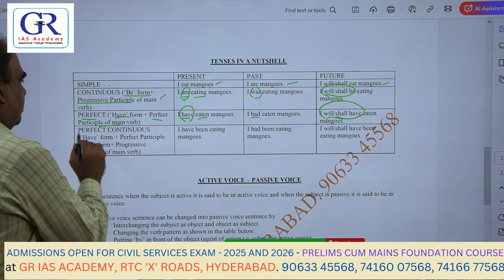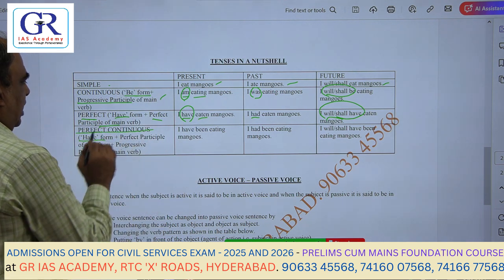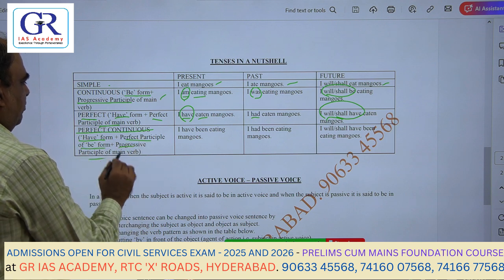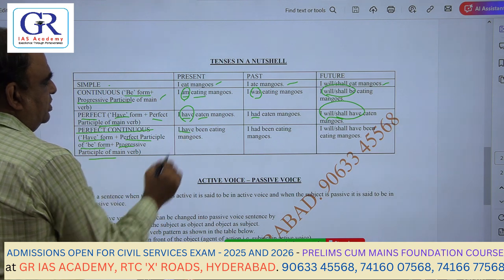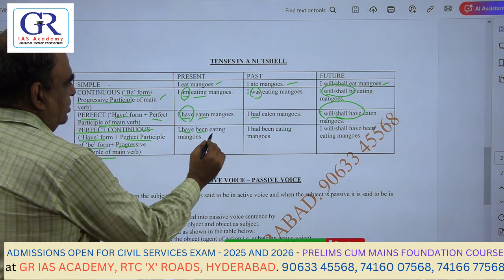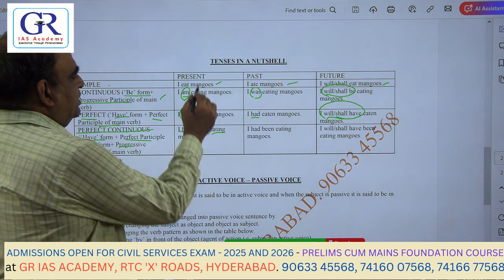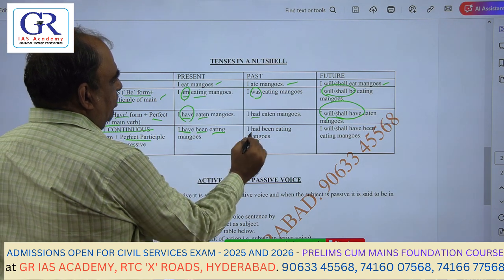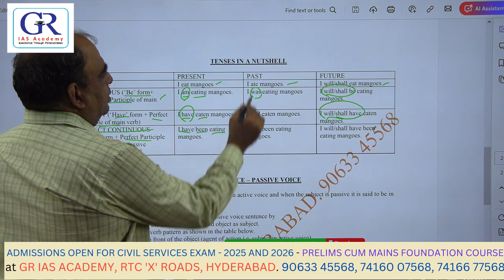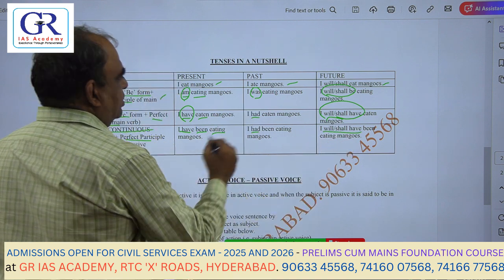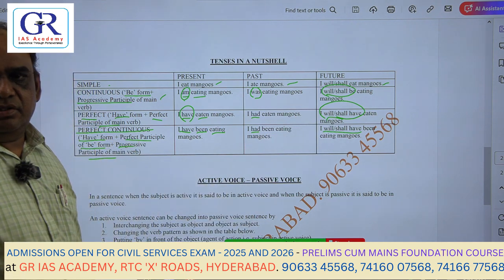Similarly, I want to talk about perfect continuous. Then there is a have form, then perfect participle of be form, progressive participle of main verb. So see, have form is there. This is perfect. This is continuous. Perfect continuous. Because have is in the present, it is present perfect continuous. Because have is becoming had, it is past perfect continuous. Have is becoming will or shall have, so it is future perfect continuous.